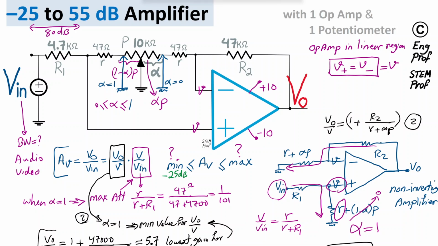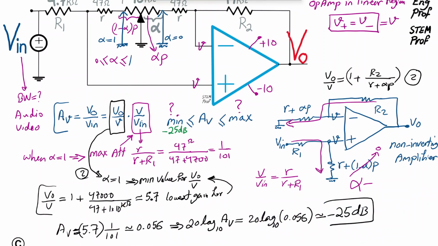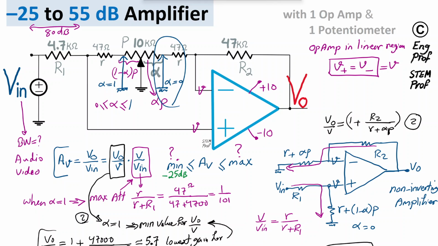What happens? Well, we minimize the attenuation, basically maximize the amount of transfer of V in to V, because by setting alpha equal to 0, which is the case when we are here, the head of the wiper is at this terminal.